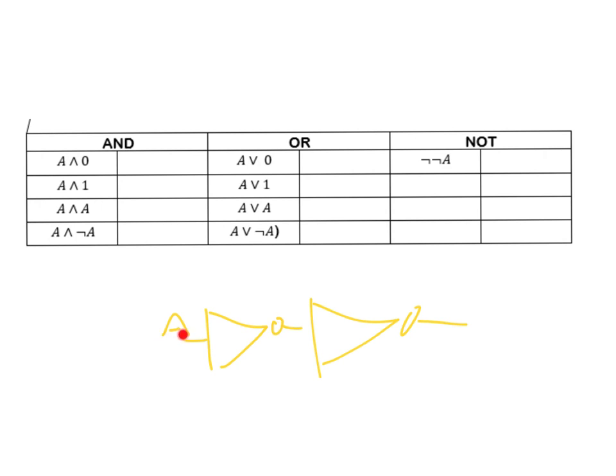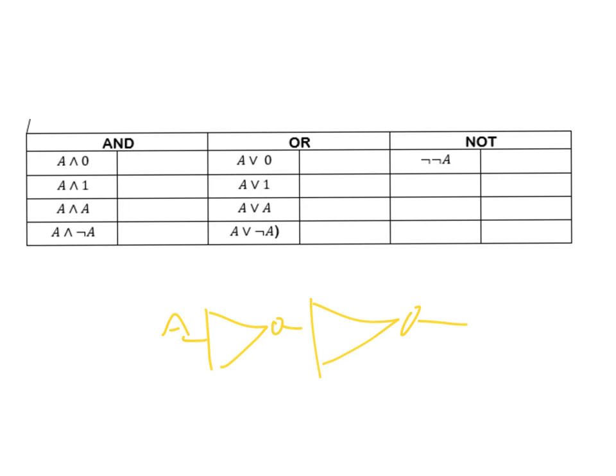If I put a 0 in here, 1 will come out here. But then I put them into a second NOT gate and that will switch them back again. So if I put 1 in here, 0 comes out here, so 1 will come out here. This is called a double negation.